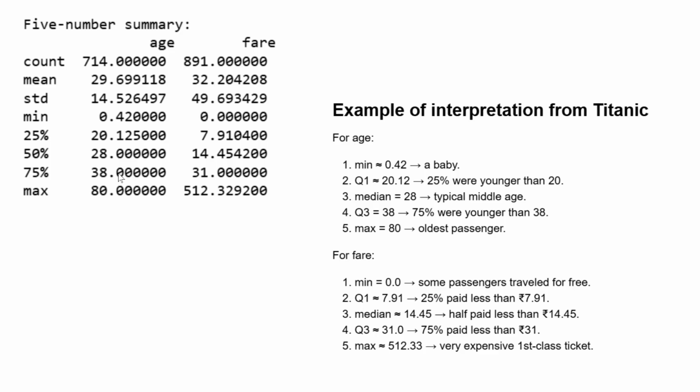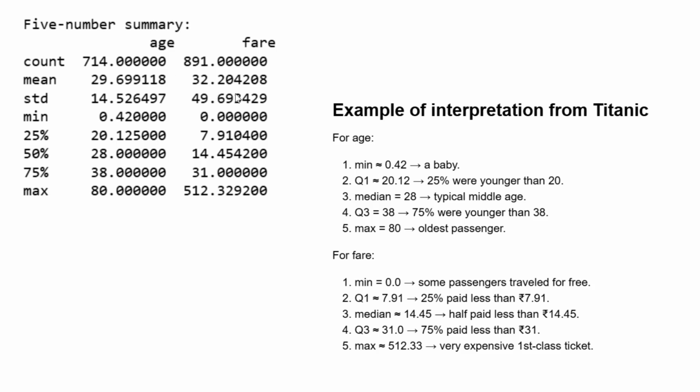That means 75% of the passengers have an age below 38, and the rest of the passengers are above 38. So this is how you should analyze things.